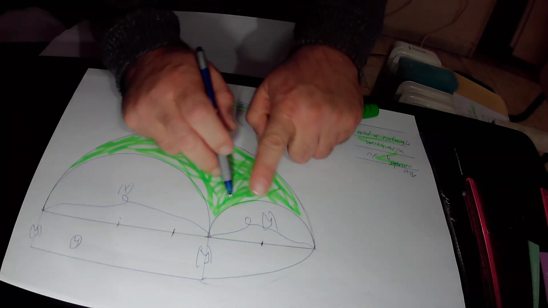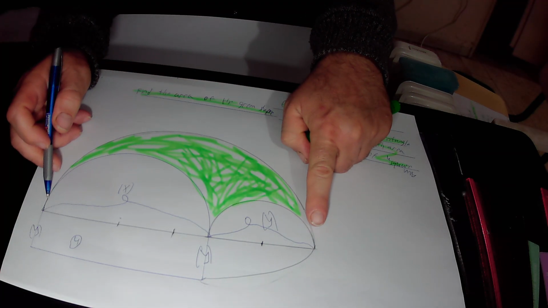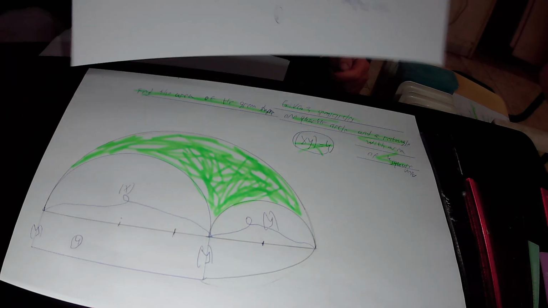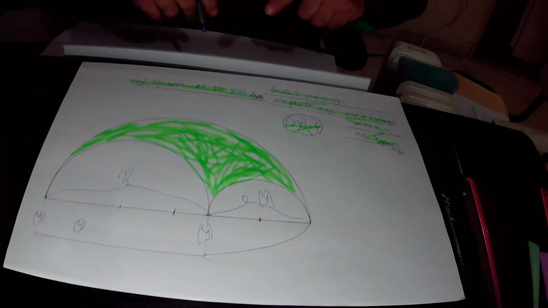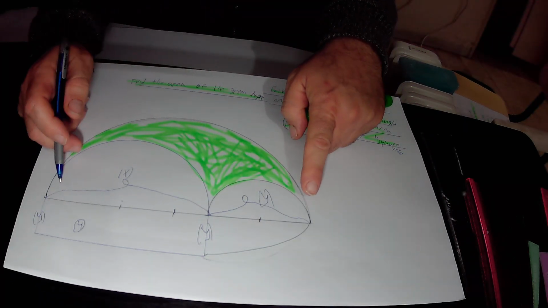The diameter of this biggest semicircle equals x plus y, so x plus y over 2 is the radius of this biggest semicircle. Again, the radius of this biggest semicircle equals x plus y over 2 units in length.